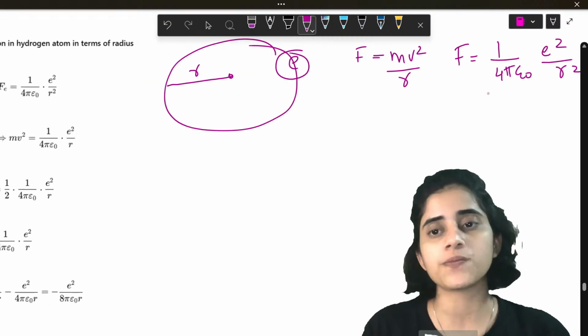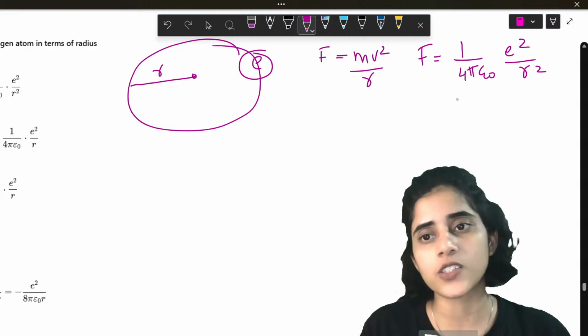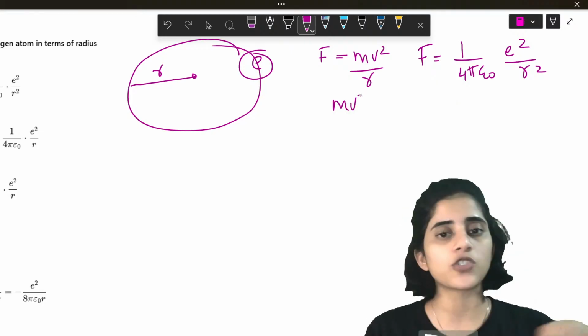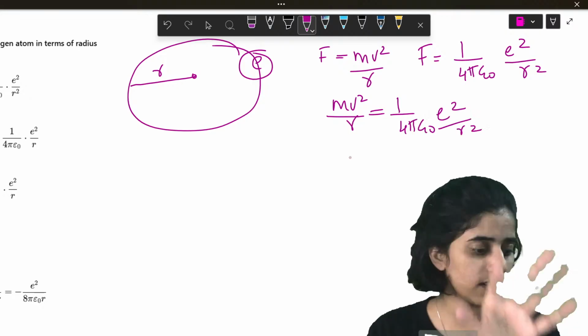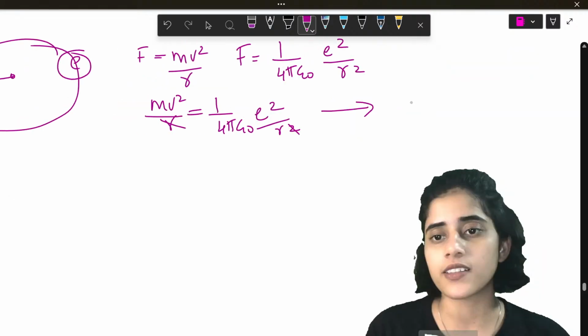We've learned this. Now, both of these have to be equal because the electron continues to move in a circular motion. So mv square by r is equal to 1 by 4 pi epsilon naught E square by r square. So this r and this r square cancel. So what does this become? mv square is equal to 1 by 4 pi epsilon naught E square by r.